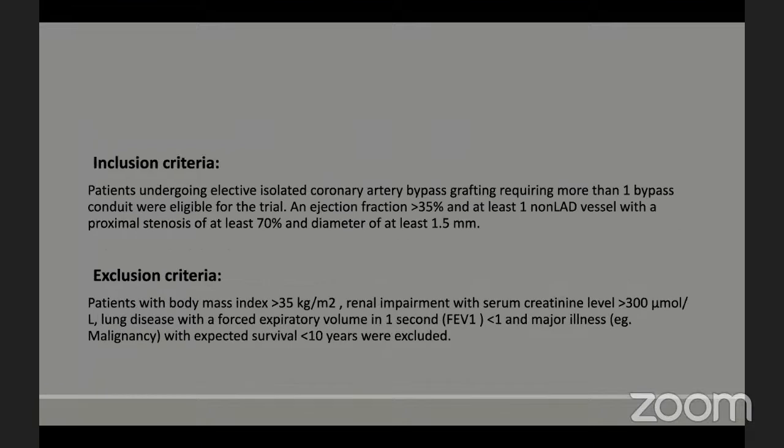Inclusion criteria: patients undergoing elective isolated coronary artery bypass graft requiring more than one bypass conduit were eligible for the trial, with an ejection fraction of 35% or more, and at least one non-LAD vessel with proximal stenosis of at least 50% and diameter of at least 1.5 millimeters.